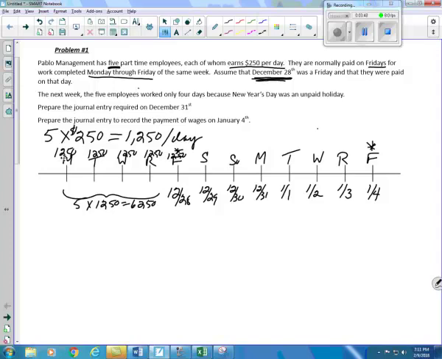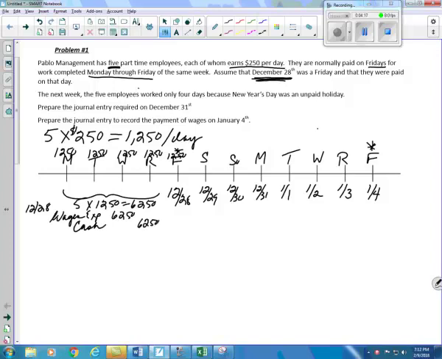So our journal entry that day would have looked like this. We would have debited on 12/28 our wages expense and credited cash, making it go down.